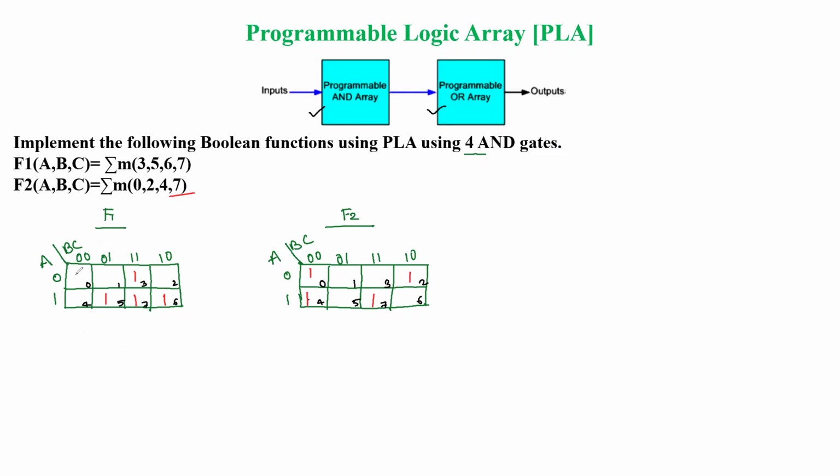Suppose, for example, now here we go for the complement of the first function. Complement means where min terms are not available, there we write 0. This is 0, this is also 0.